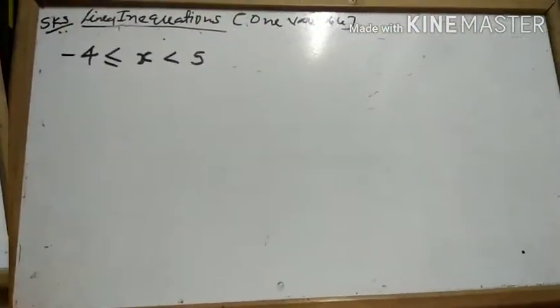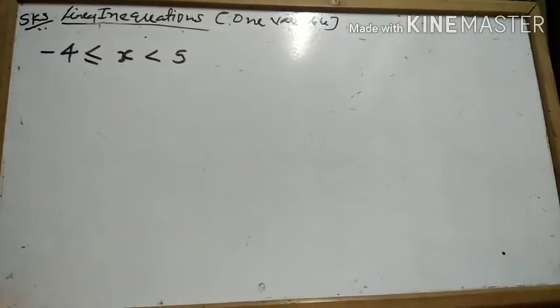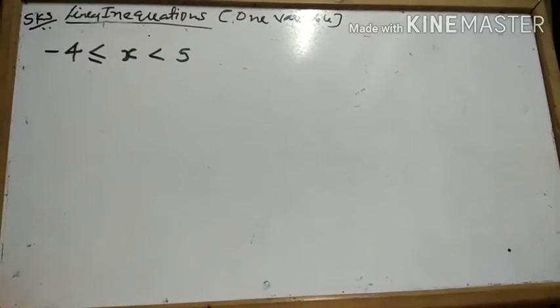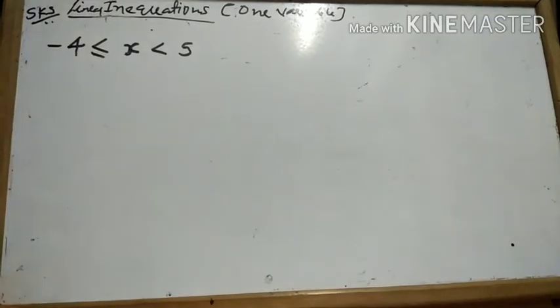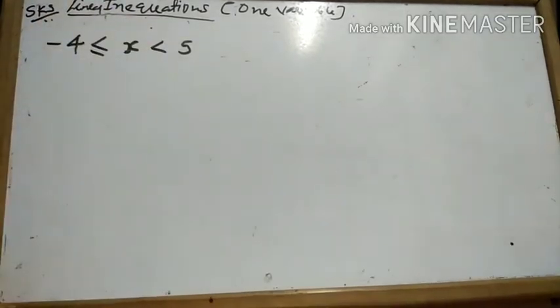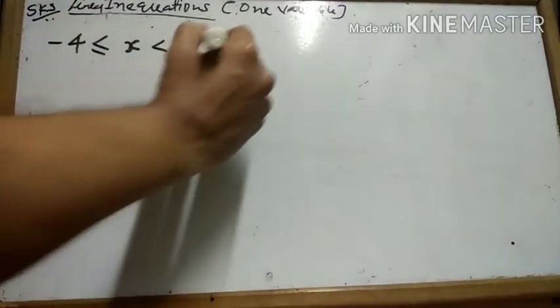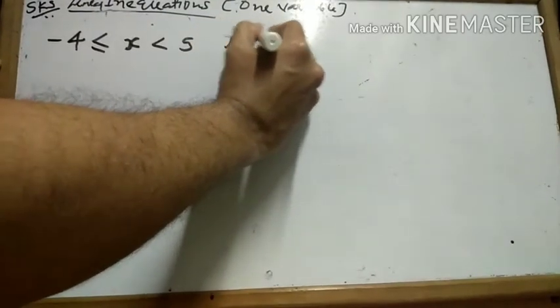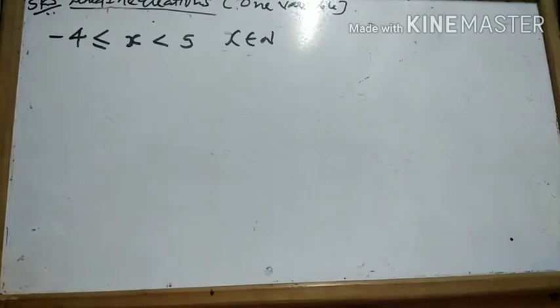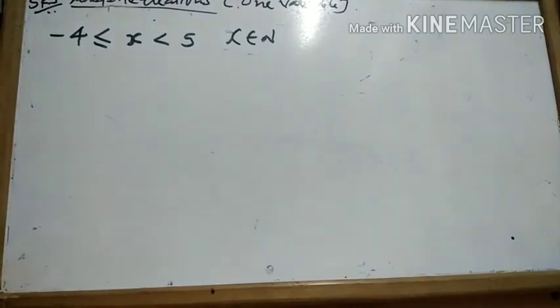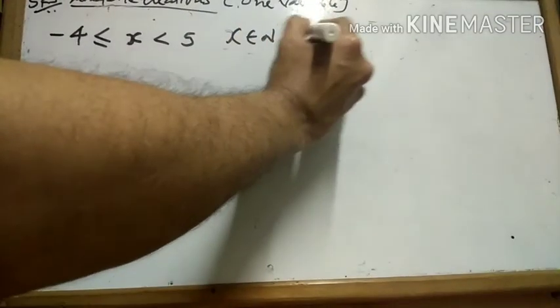Dear friends, now we will understand how to represent the answer or the solution on a number line. I am taking one example: negative 4 is less than or equal to x is less than 5. Now in this case I am taking x as a natural number. Whenever you have to represent on a number line, I would strongly suggest that you first write it in set form.